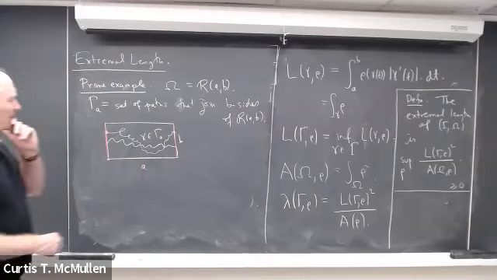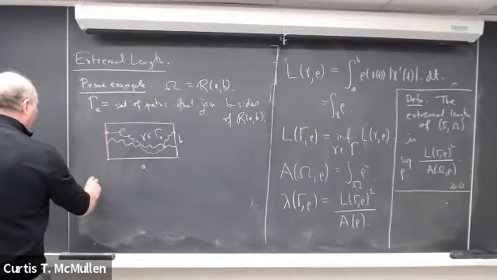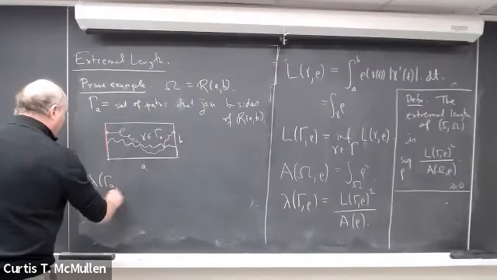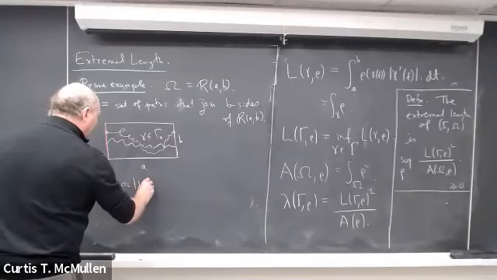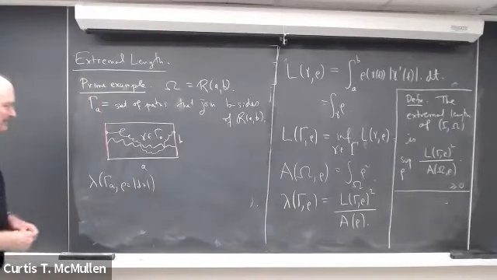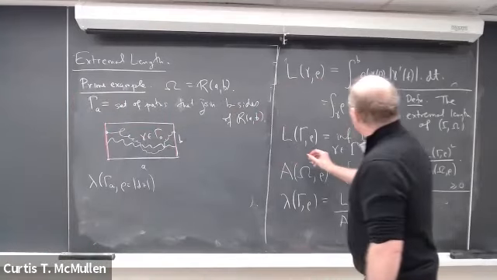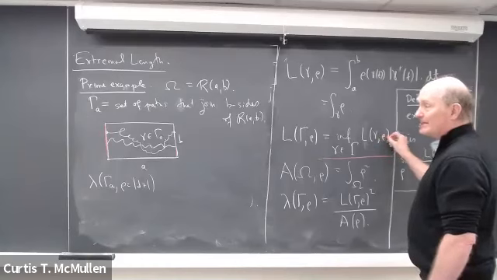Okay, so now let's try a computation of extremal length. Let's figure out what the extremal length of this path family is in the metric that we know and love, the Euclidean metric on the complex plane. So what's the shortest length of a curve that joins the B sides?